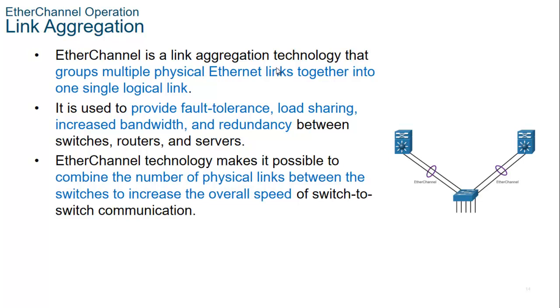EtherChannel technology makes it possible to combine the number of physical links between switches to increase the overall speed of switch-to-switch communication. In this example, these two physical links here will be grouped together logically to become one EtherChannel.